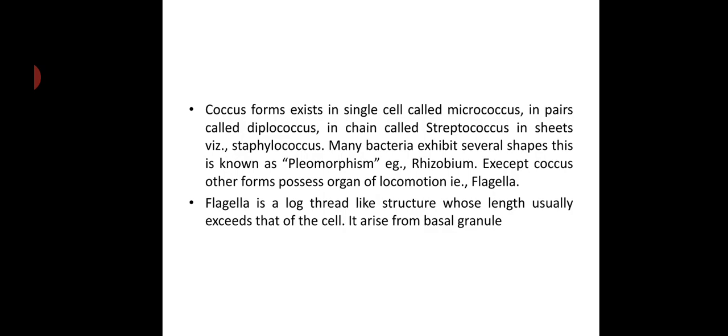Except Coccus, other forms possess organs of locomotion, that is called flagella. Flagella is a long thread-like structure whose length usually exceeds that of the cell. It arises from the basal granule.